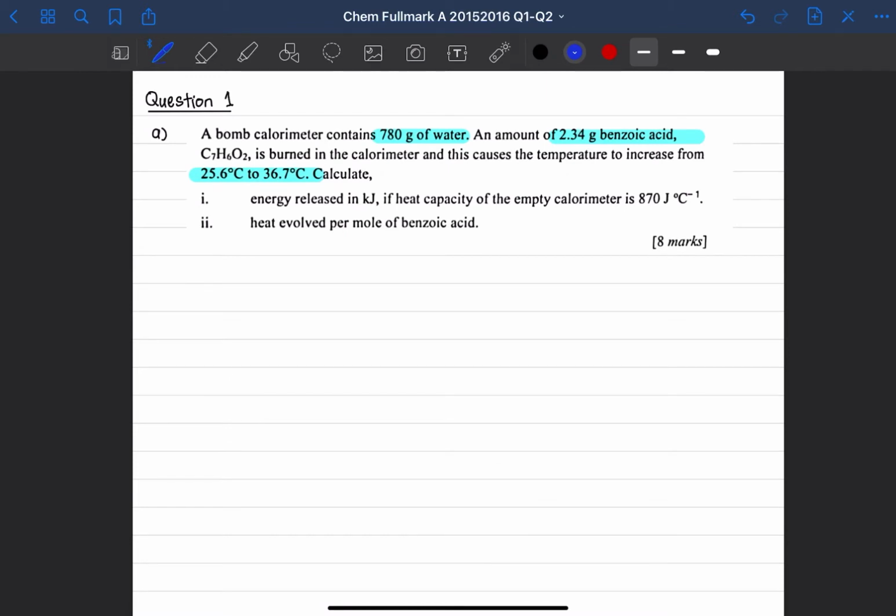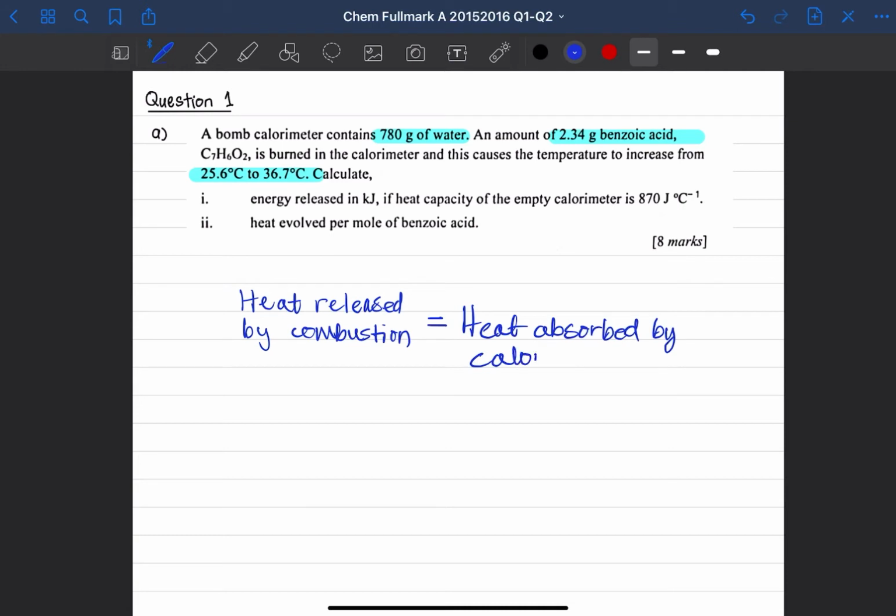There are two bodies in this combustion, so we must consider the heat released by the combustion equals the heat absorbed by the calorimeter mentioned in the question, plus the heat absorbed by water.